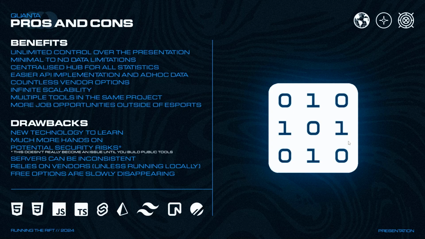So the pros and cons about moving from Excel to your web technologies, there's quite a few of each, and they all have their different drawbacks. For pros, you have unlimited control of what you can display. You choose what data you want, how you want to convey your message, when you want to convey it.